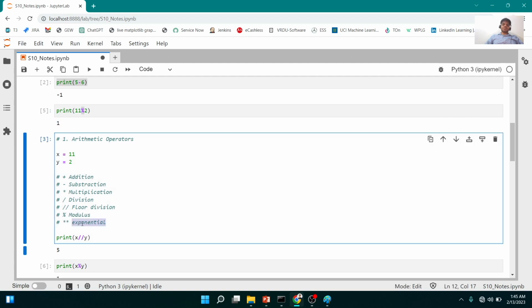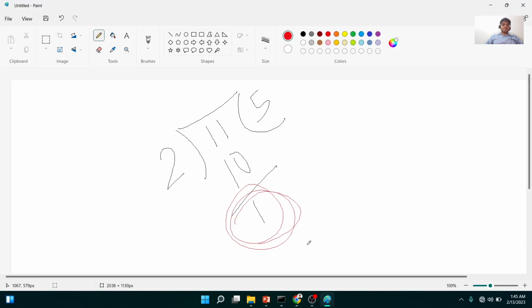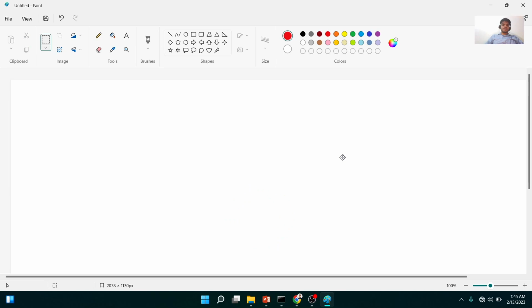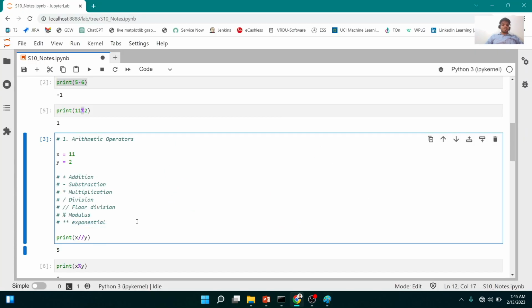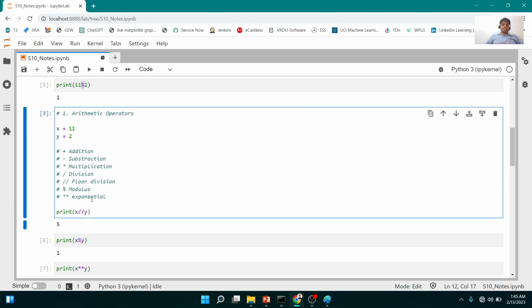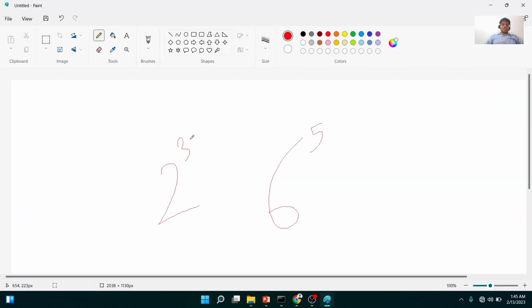Now let's see what an exponential is. I'm pretty sure that in your high school mathematics, you would be writing something like this: 2 raised to the power of 3, 6 raised to the power of 5, isn't it? This is how you used to write. So the exponential is nothing but an operator given to us to do such kind of calculation.